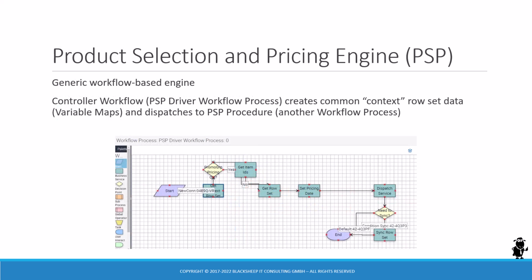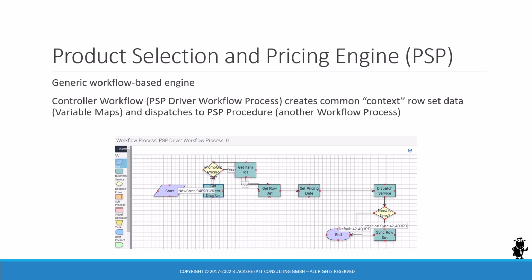The aforementioned Product Selection and Pricing Engine, or PSP, is a very specialized implementation of Siebel workflow, implementing a generic engine based on the well-known principle of Siebel workflow processes and consisting of a controller workflow, which is invoked by, for example, a button click when you want to calculate the pricing for a quote.